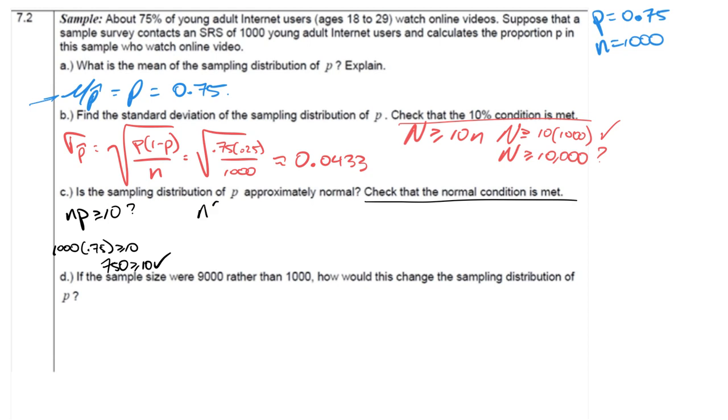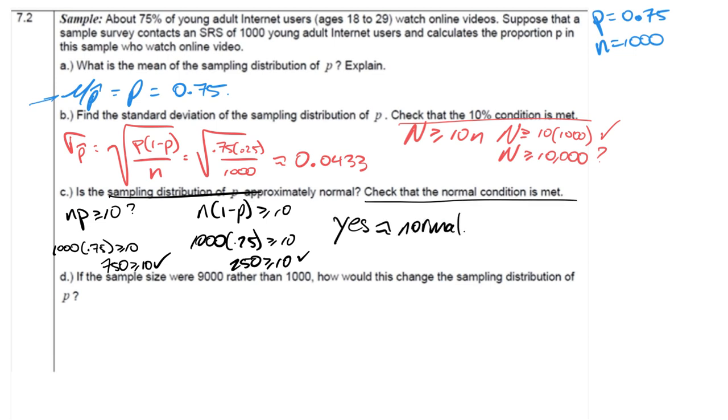But now we have to check the other way. Is n times 1 minus p also greater than or equal to, not 100, sorry, 10? So basically, is 1,000 times 0.25 greater than or equal to 10? Yes, 250 is greater than or equal to 10. So yes, our sampling distribution is approximately normal.